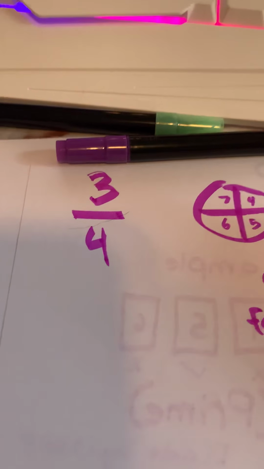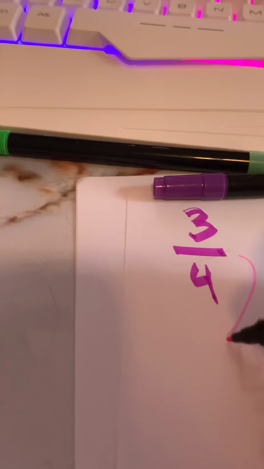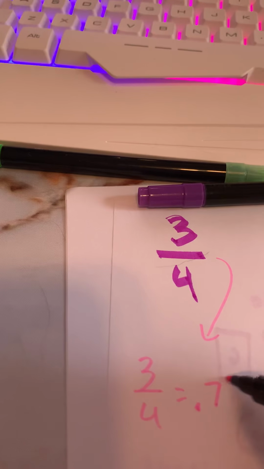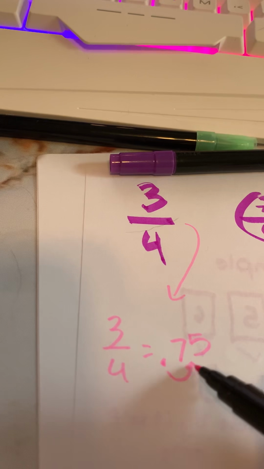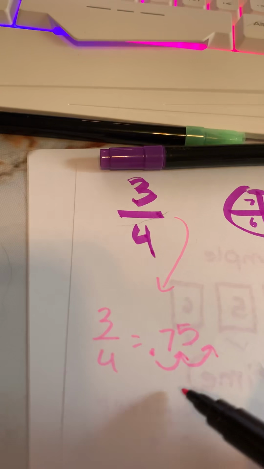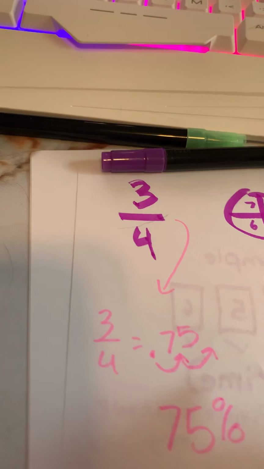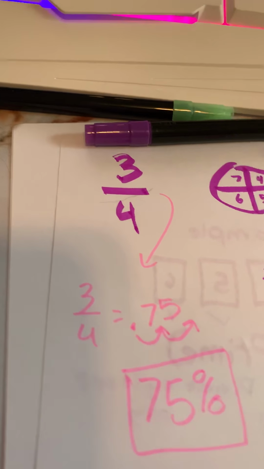Cool. So if they want a percent, just type this in the calculator: 3 over 4 is 0.75. To make it a percent, you go 2 spaces to the right, and then put a percent sign after it. 75%.